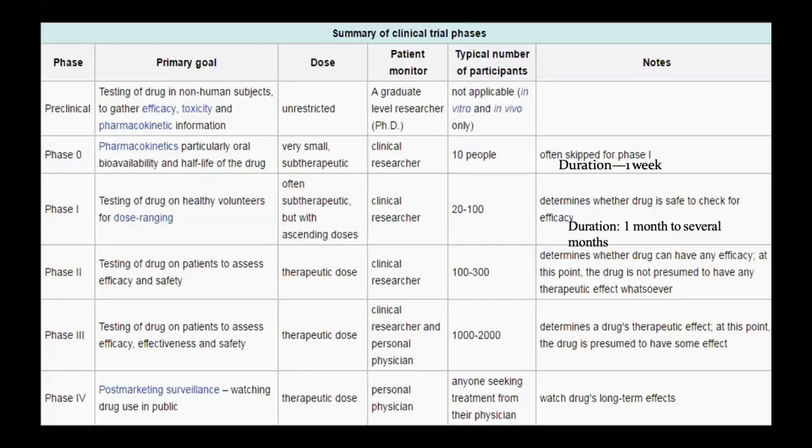So in these pictures, this is phase 0. Sometimes in our thesis, we do preclinical studies. In the thesis, in the dissertation, that is not a phase, that is a preclinical study. And in phase 0, the primary goal is, what is the primary goal, often skipped to phase 1, but the duration is very much, how many people take part in this.